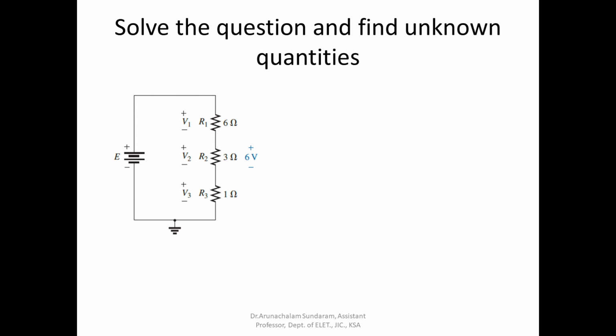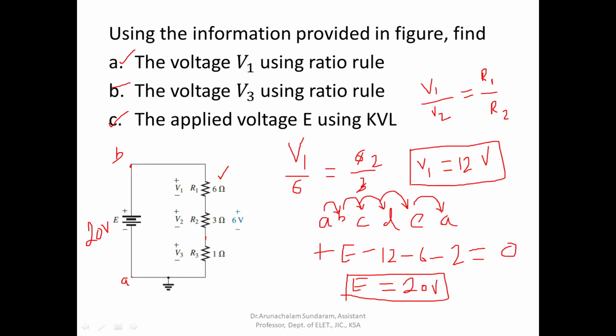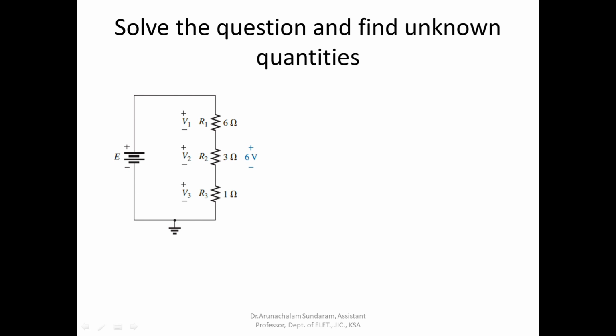Now I want you to solve this question by drawing the equivalent circuit. There is another way to solve it. How to solve it without using this logic? We can still solve the series circuit. Now how to do this? Go to resistor R2 and apply Ohm's law. What does Ohm's law state?